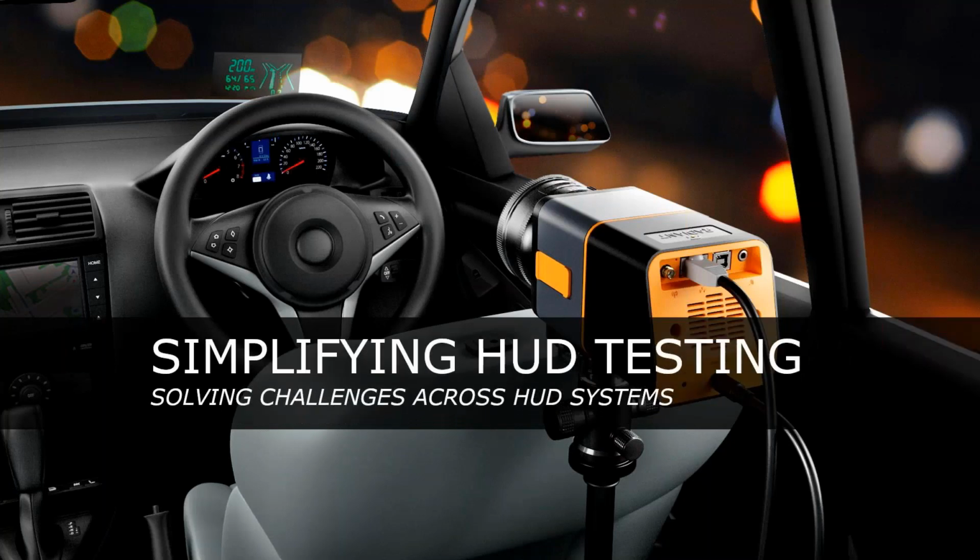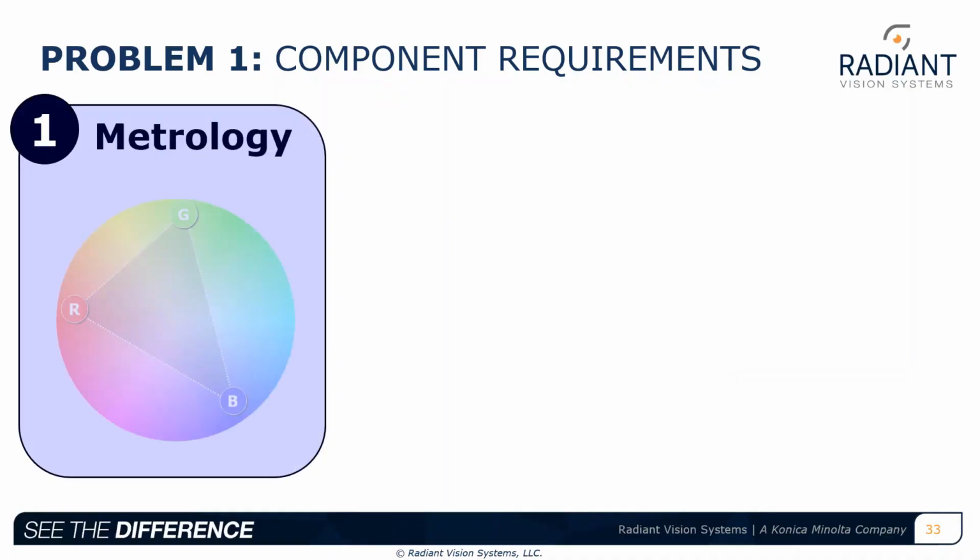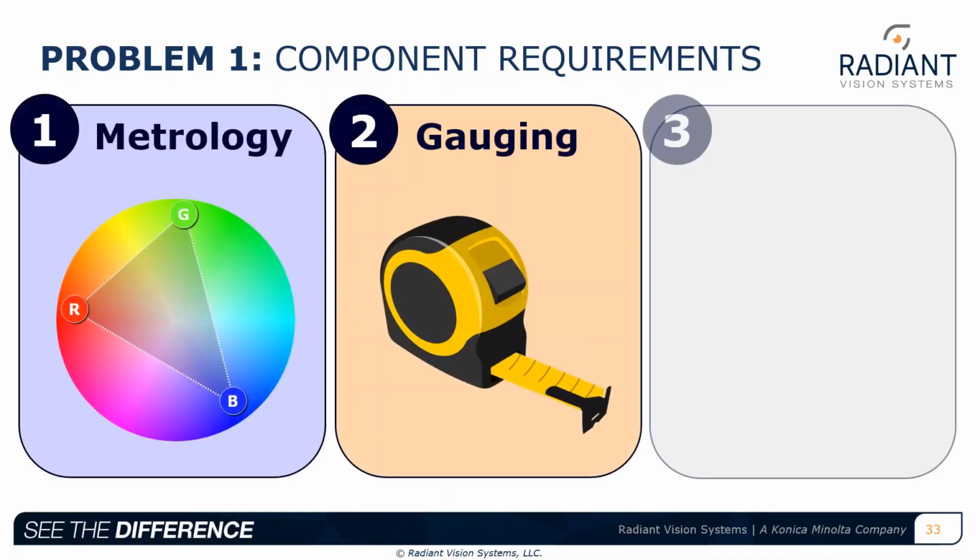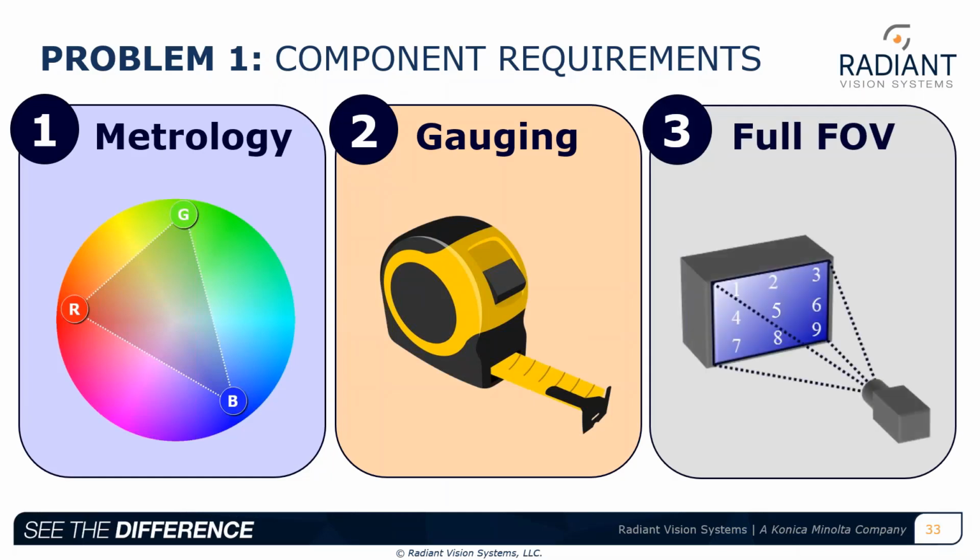So let's talk about simplifying head-up display testing, so solving the challenges that we see across this technology. The first problem is that you generally require several different pieces of equipment to go through the full characterization process. You need to characterize your head-up display from a metrology perspective, looking at things like luminance and color.